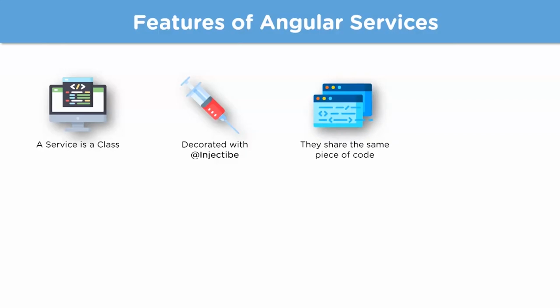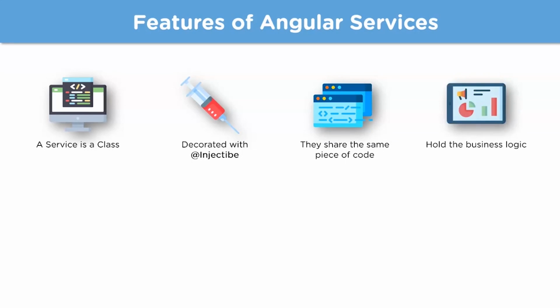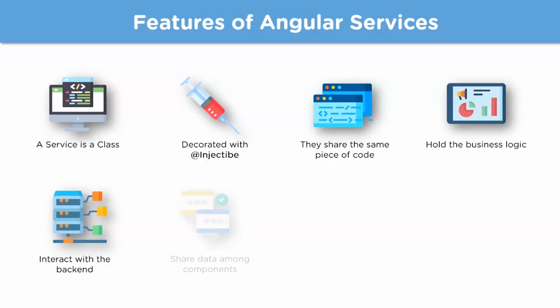They can also inject other services as dependencies. These services hold valuable business logic and can also be used to interact with the backend. For example, if you want to make AJAX calls, you can have methods for those calls in a service and then use it as a dependency in files.